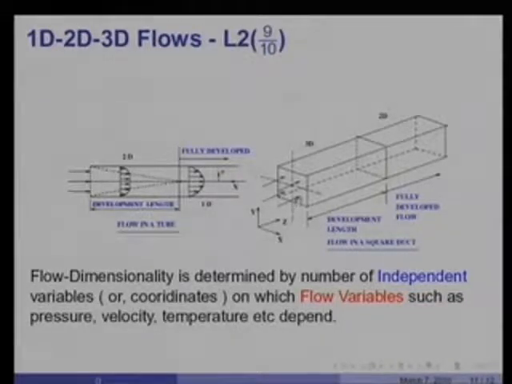So dimensionality of the flow changes within the same tube or a duct, and it is very, very important that we appreciate the differences between flows in association with the dimensionality. By and large, 1 and 2-dimensional flows are relatively easier to track than 3-dimensional flows in classroom situations.